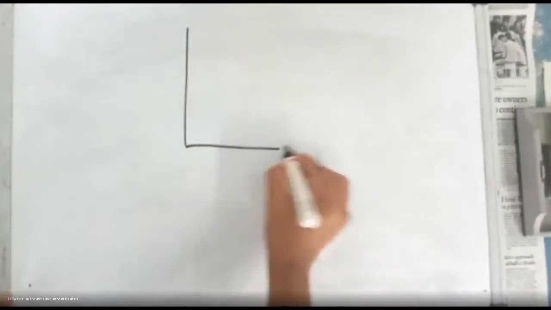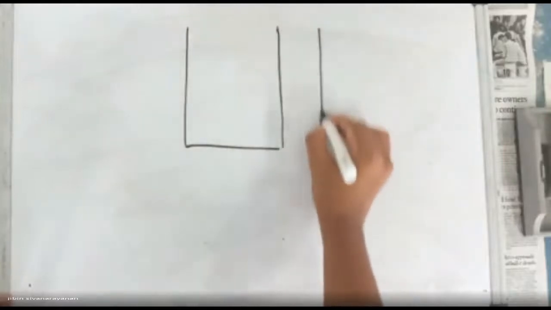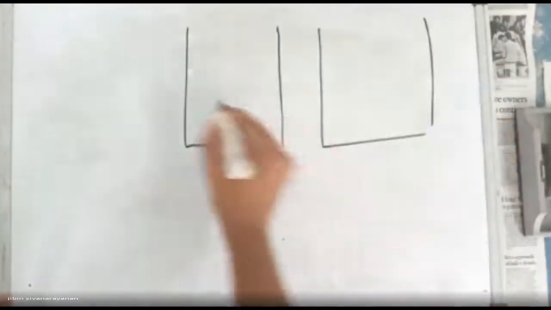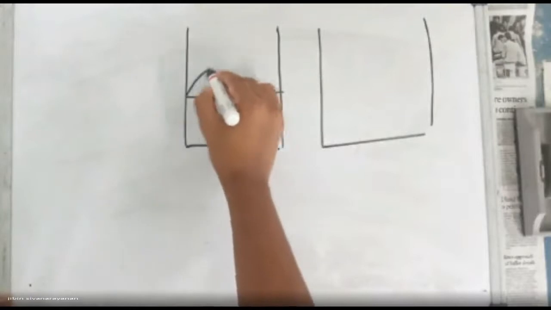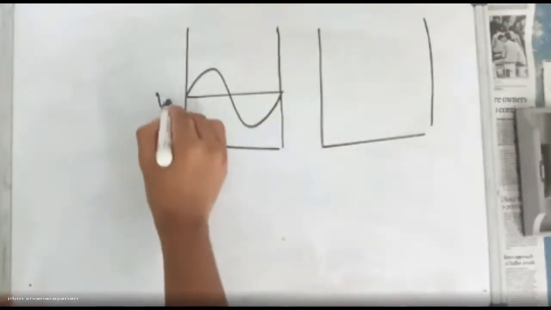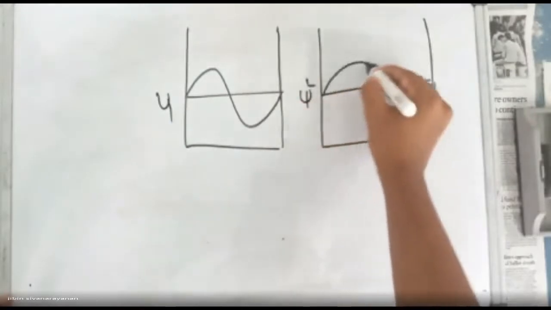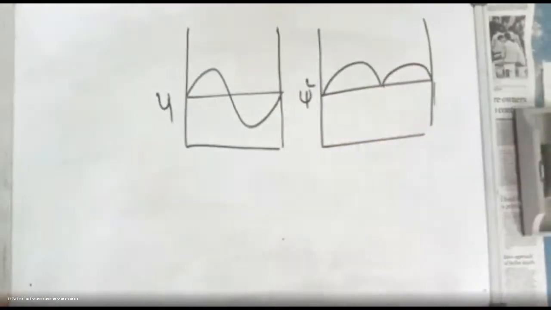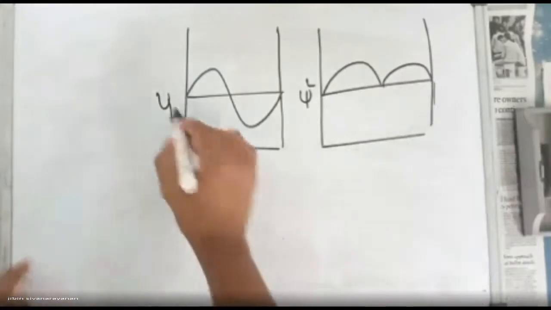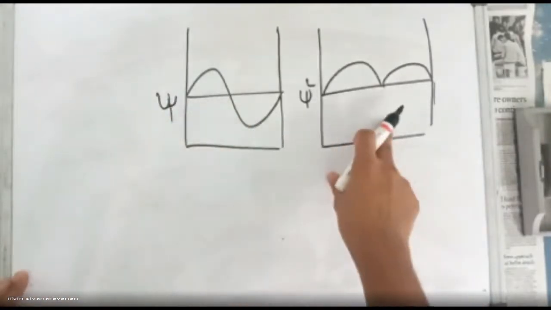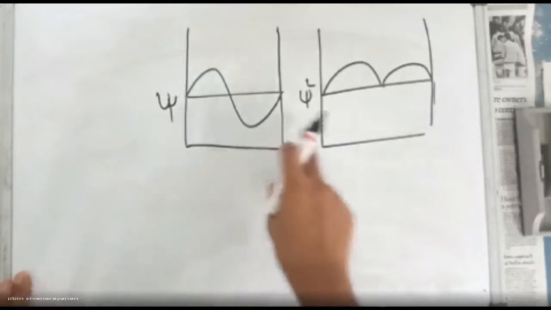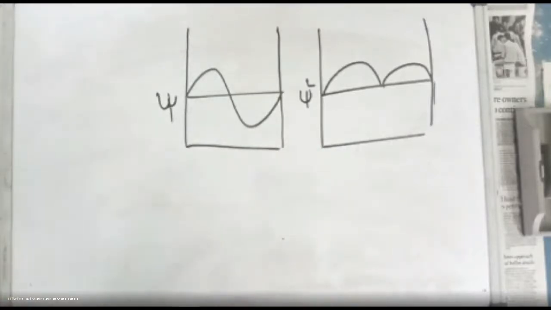There is a huge difference between psi and psi square. I think there is a graph in your textbook that explains the difference. If you are plotting psi, it will be like this; if you are plotting psi square, it will be like this. For the same wave function, psi would be like this, psi square would be like this. So psi is the wave function, psi square is the probability density.